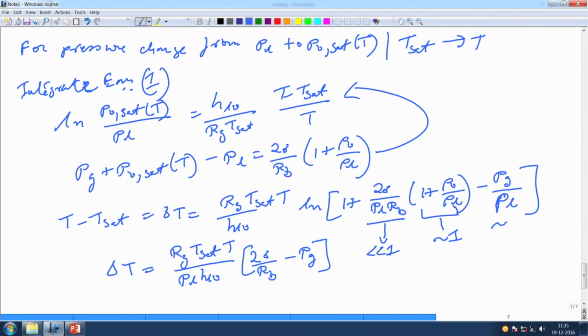Now, this is the important expression, that is the degree of superheat that is required. Then we will find out a few more things about it, for example, what will be the critical droplet diameter, critical bubble diameter.